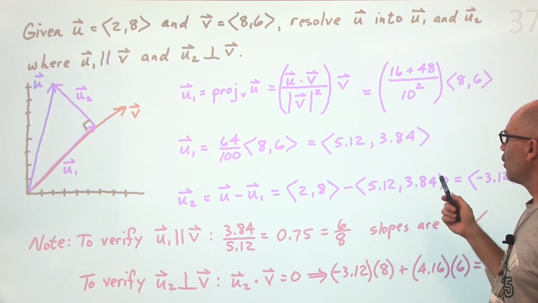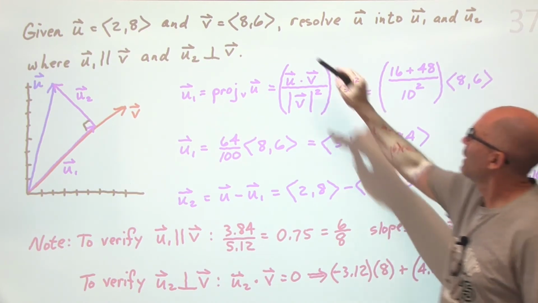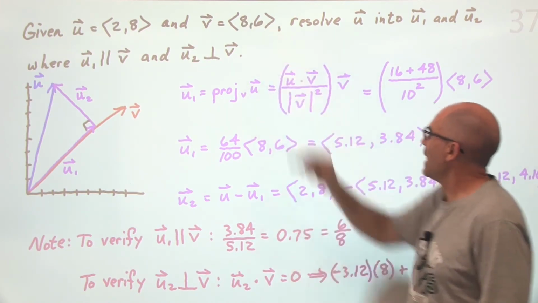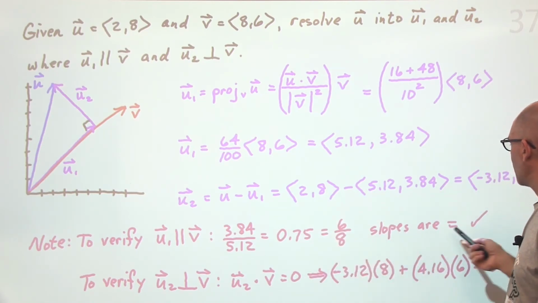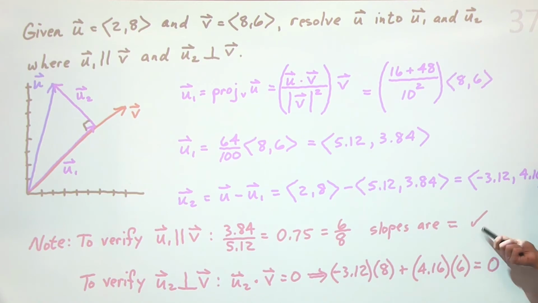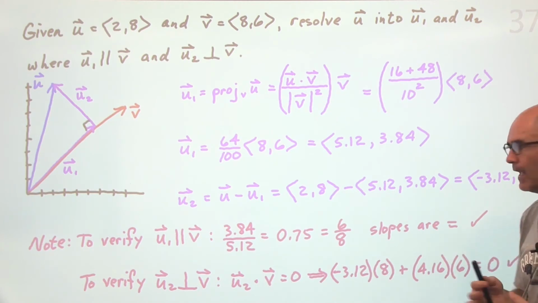And the slope of vector v is 6 divided by 8, which is also 0.75. So the slopes are equal, so vector u sub 1 is parallel to vector v, just as we had hoped.